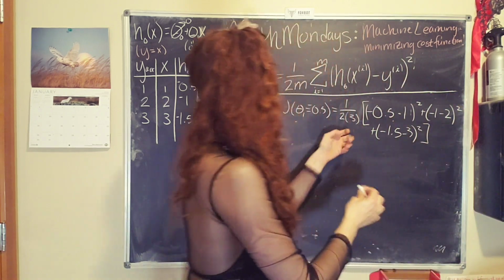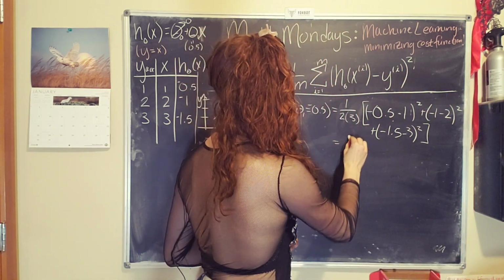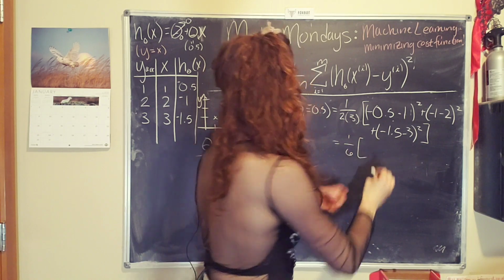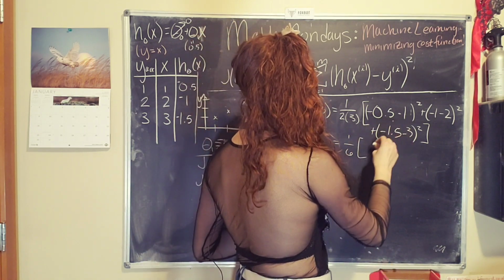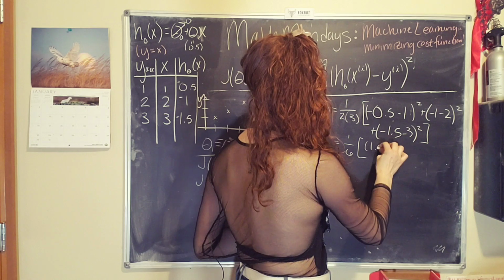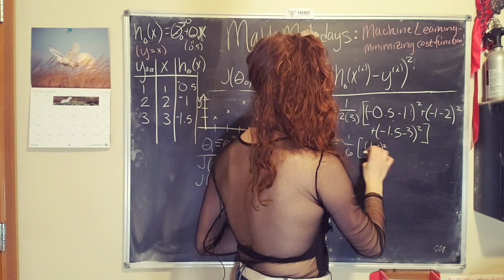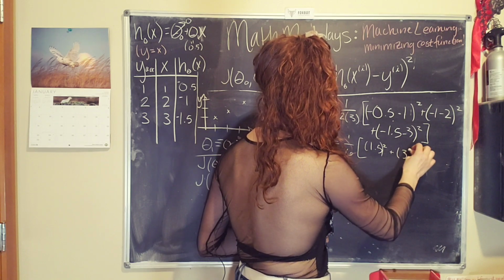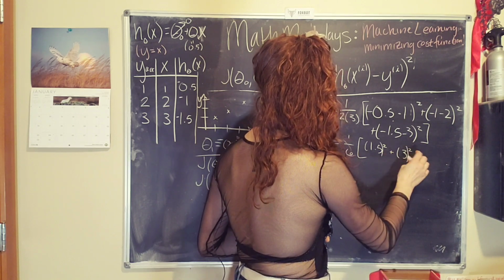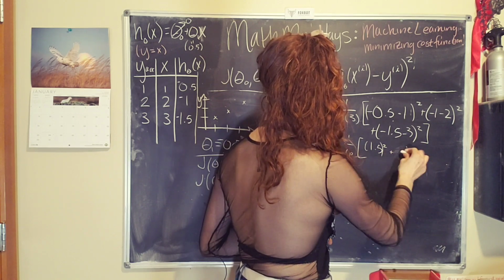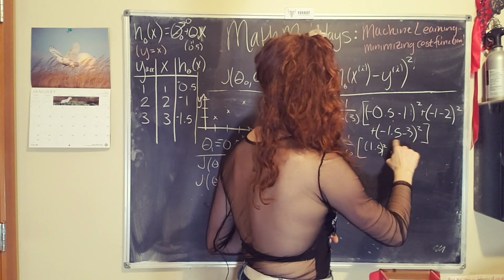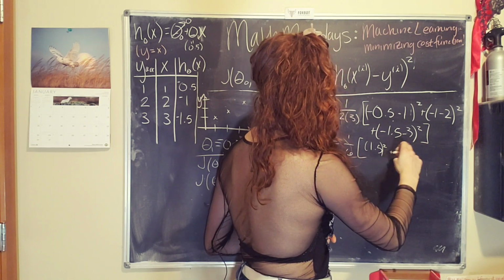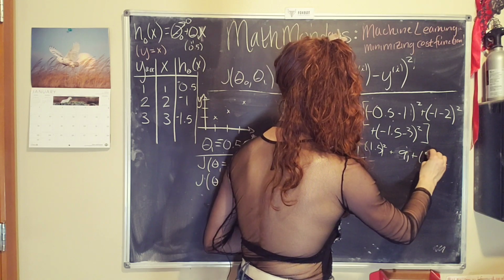Okay, so we're going to get 1 over 6 times 1.5 squared. Negative is going to cancel, plus 3 squared, which is going to be 9, plus 4.5 squared.